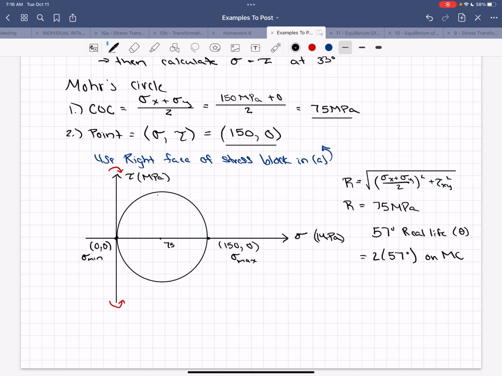So 2 times 57 degrees equals 114 degrees. And we're going to rotate that counterclockwise.